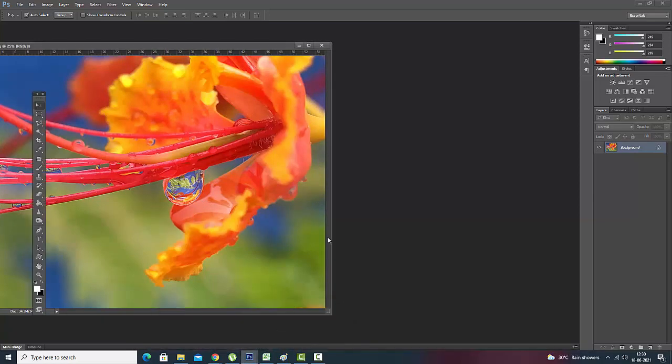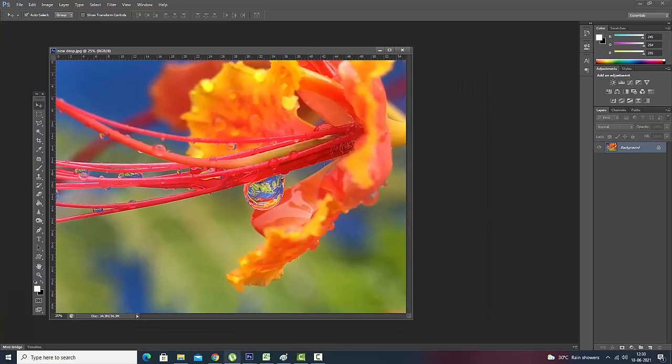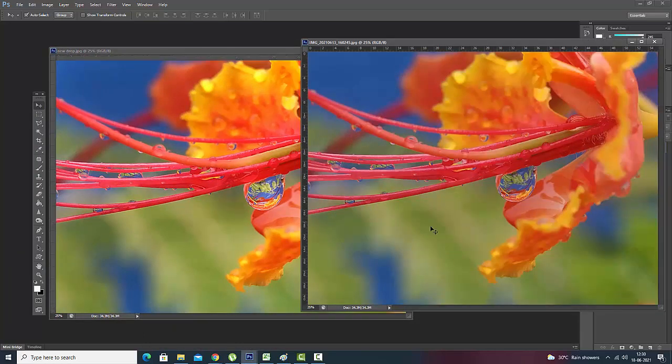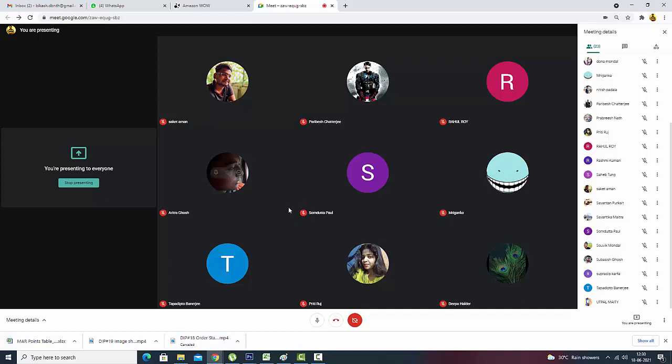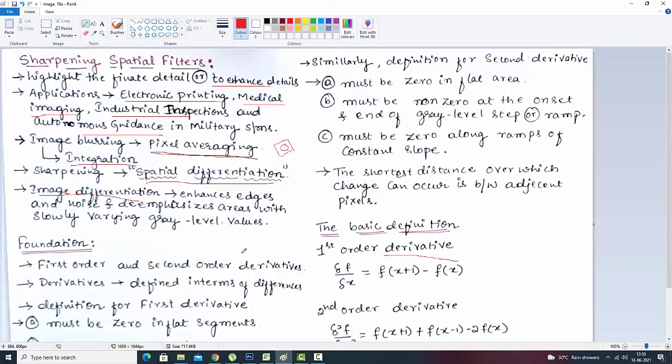It may look a little artificial here, but people will not be able to understand, since I am showing the difference between the two images. Now it is visible, but it will not be visible if you see only the fixed image, okay. At that time you will not be able to differentiate, and editing is allowed nowadays in photography.